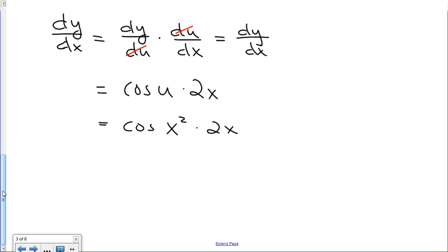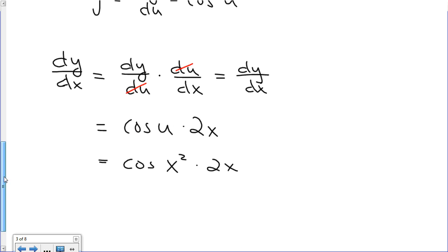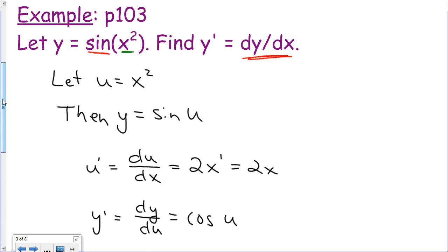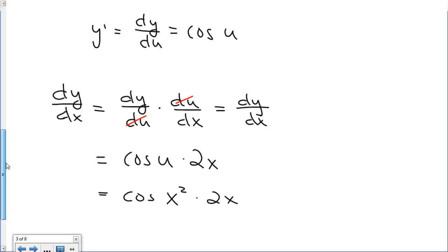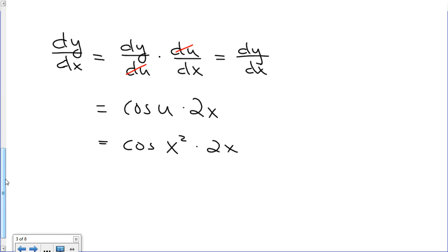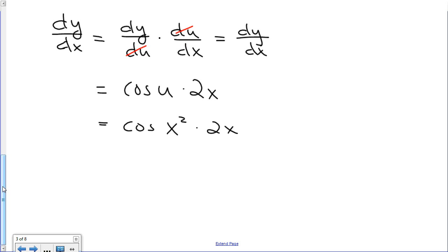So notice what we did here to find the derivative of this function. We started out with the sine of x squared, and we ended up with its derivative being cosine of x squared times 2x. Let's break this down. It looks like this right here is the derivative of our outside function.